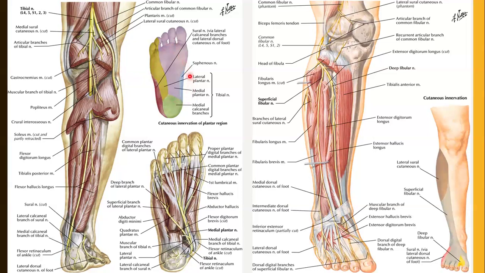The image here shows you the cutaneous distribution of the various nerves on the sole of the foot with their various territories. Lateral margin being contributed by the sural nerve, directly inferior here being contributed by tibial nerve and its terminal branches, lateral and medial plantar nerve.